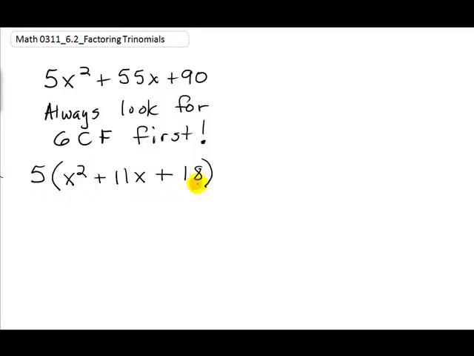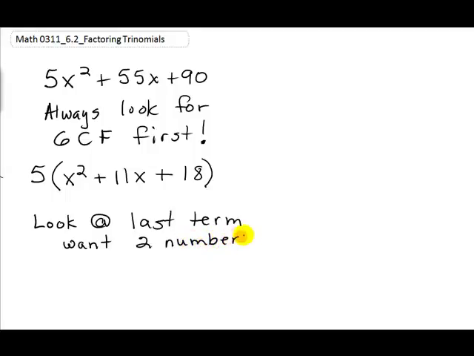Now we need to take the trinomial and factor it. To do this, look at the last term. We want two numbers that multiply to give us 18.